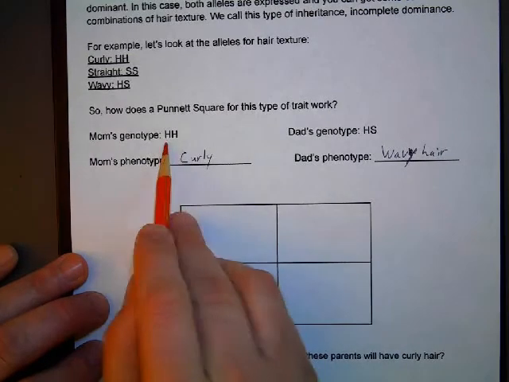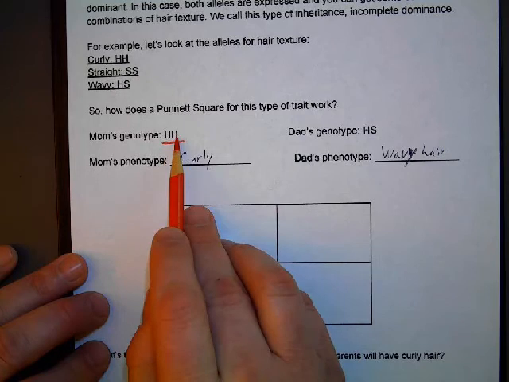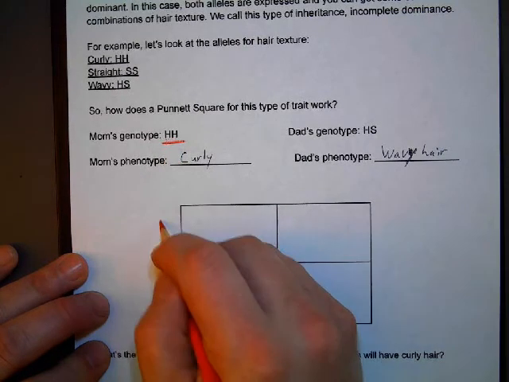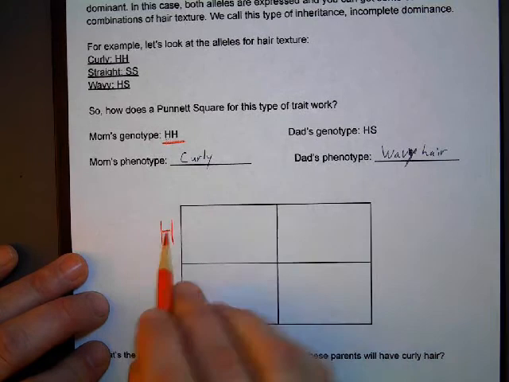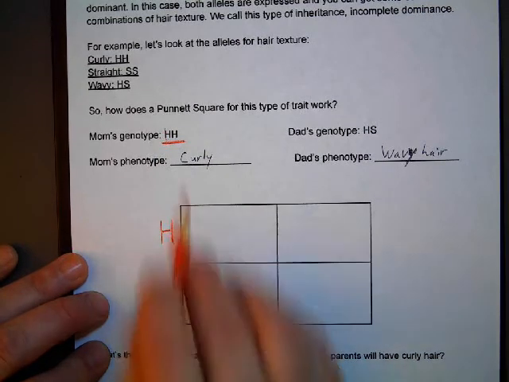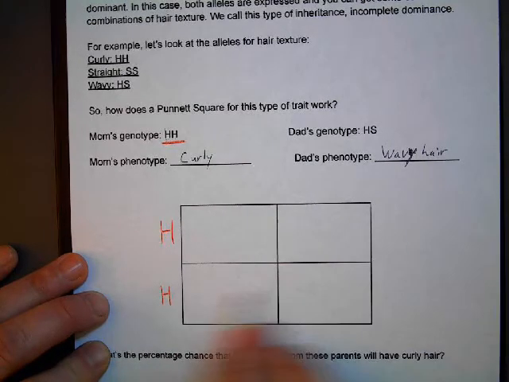Okay, so we do the Punnett square exactly the same way that we do the other Punnett squares. I'm going to look at mom's genotype first. I'm going to use red pencil for this. I'm going to take mom's genotype, capital H, capital H, and take each allele and put it on the side of the Punnett square. So I take one capital H and put it on this row, and take the other capital H and put it on this row.